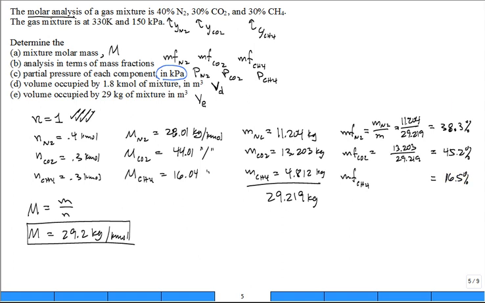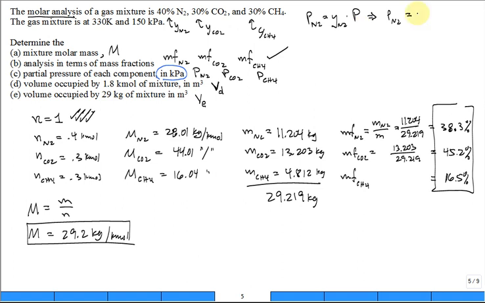It's kind of hard to box this answer, but I'm going to box it like this, and you know that's what I'm looking for, the mass fractions. What about the partial pressure of each component in kilopascal? Is the partial pressure of the nitrogen equal to the mole fraction of the nitrogen times the total gas pressure? Partial pressure of the nitrogen is 40% of 150 kilopascal.